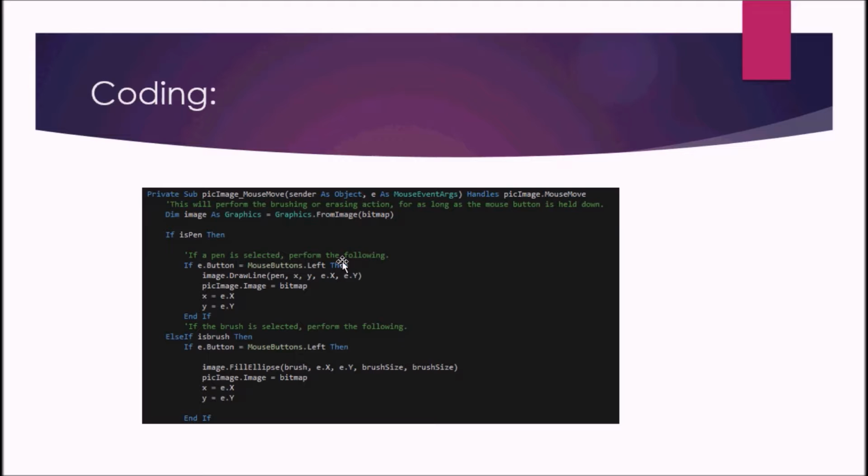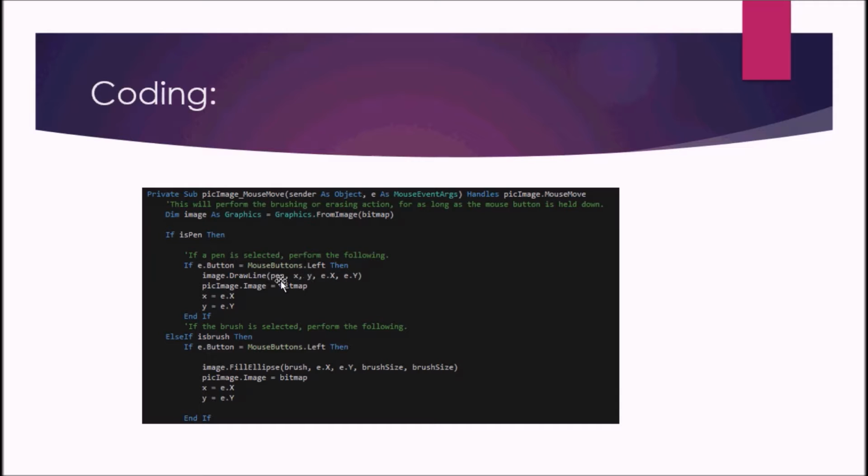Like, for instance, you have to click the left mouse button to activate the things that are in that sub-procedure. And this sub-procedure in particular deals with whenever you move it as the other button is held down.